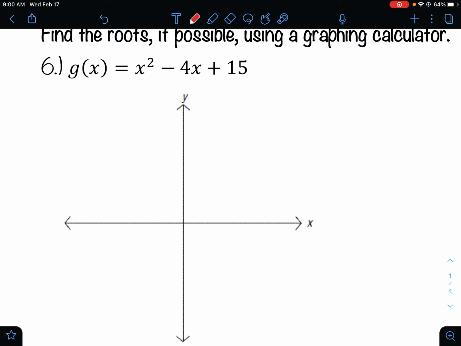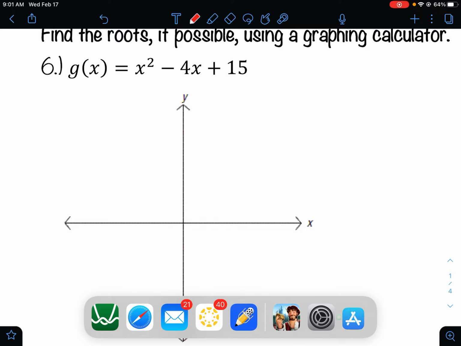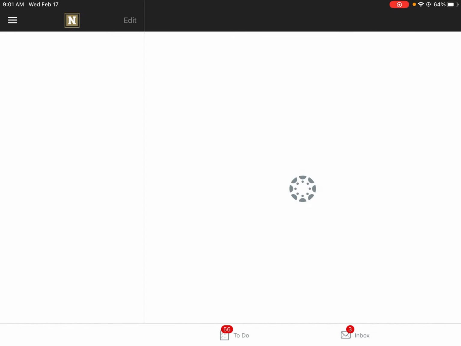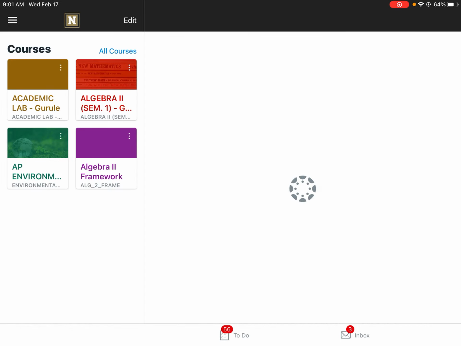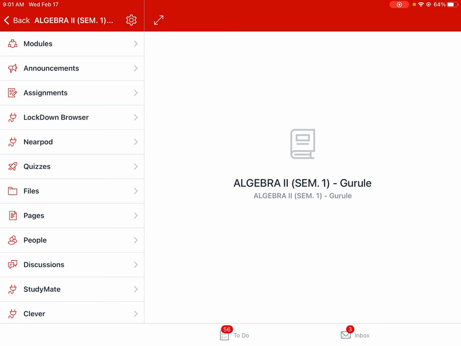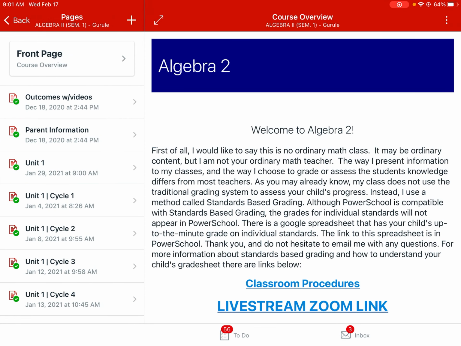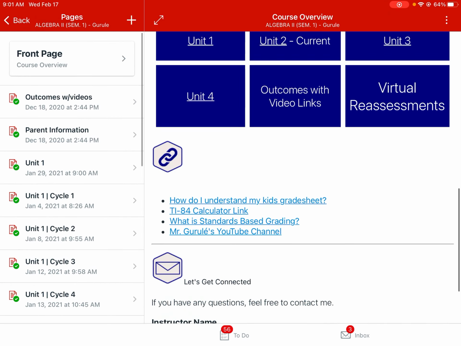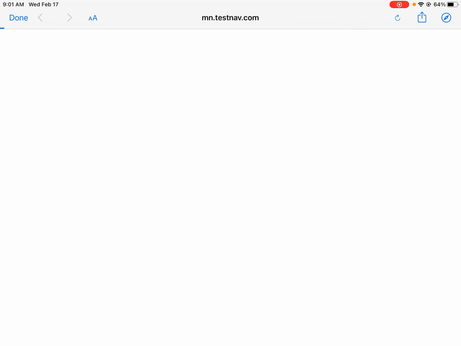All right. So I don't know how to bring in. Let me see if I can split screen here with the calculator. I'm going to go to Canvas, and then algebra, pages, and then calculator link.